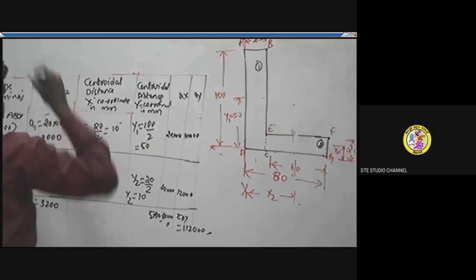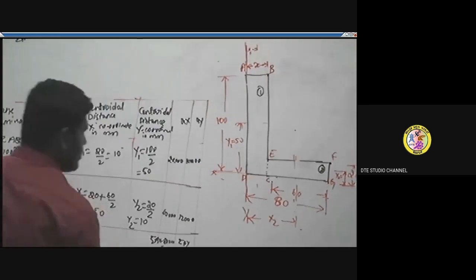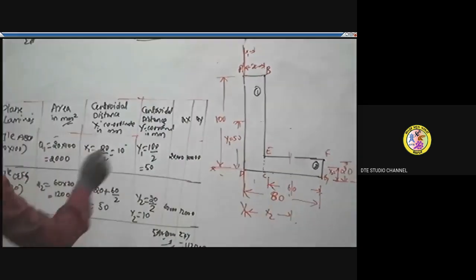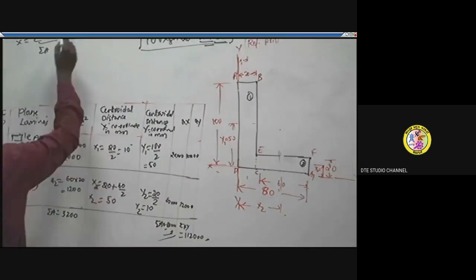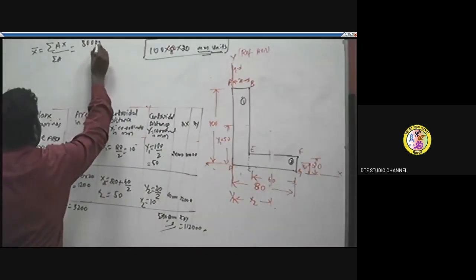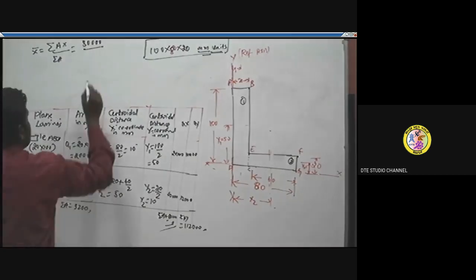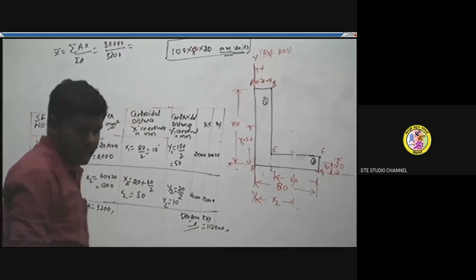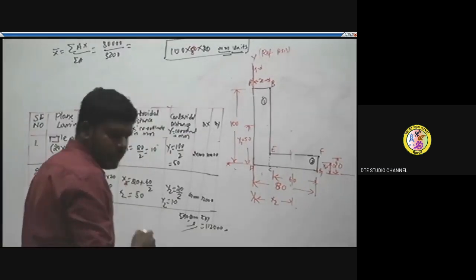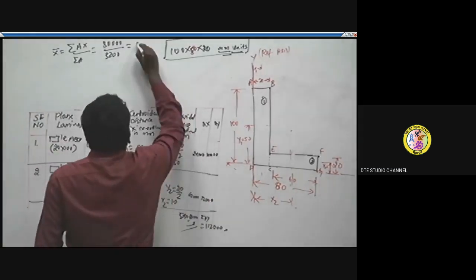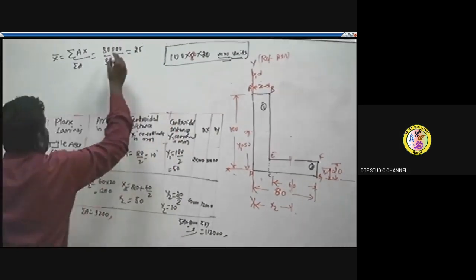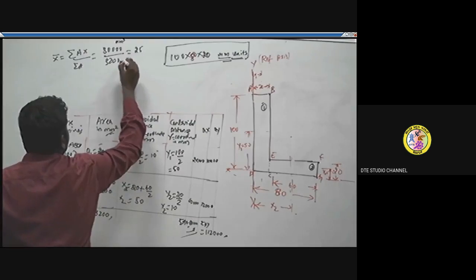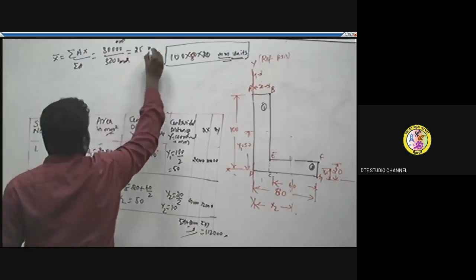We found the summation of area into its x coordinate distances for the L section to be 80,000, upon the total area of 3,200. By dividing these two, we get the x coordinate distance as 25 mm. This is in mm cube and this is in millimeters square; mm square cancels, and only millimeters remains.